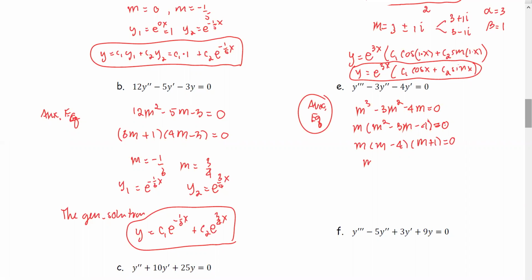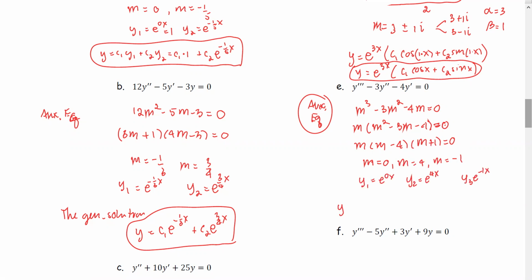We have three solutions for m. So m equals 0, m equals 4, and m equals negative 1. Therefore, y1 equals e to the 0x, y2 equals e to the 4x, and y3 equals e to the negative 1 times x. And we write it as the linear combination of y1, y2, and y3.